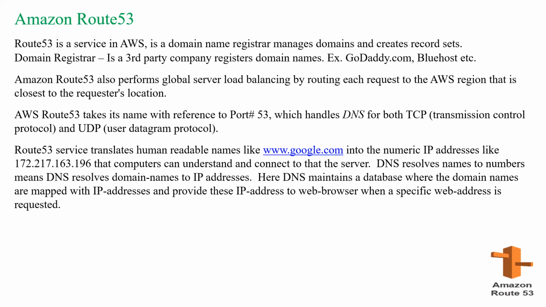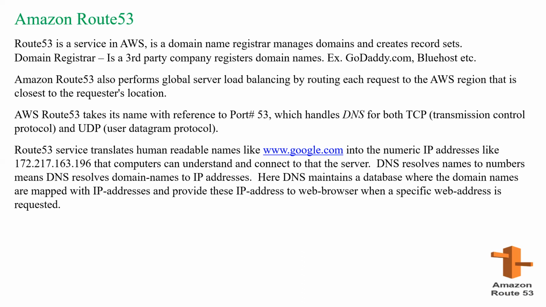Amazon Route 53 also performs global server load balancing by routing each request to the AWS region that is closest to the requester's location. So AWS Route 53 takes its name with reference to the port number 53. That means the Route 53 service communicates with the resources outside the AWS network through port number 53.